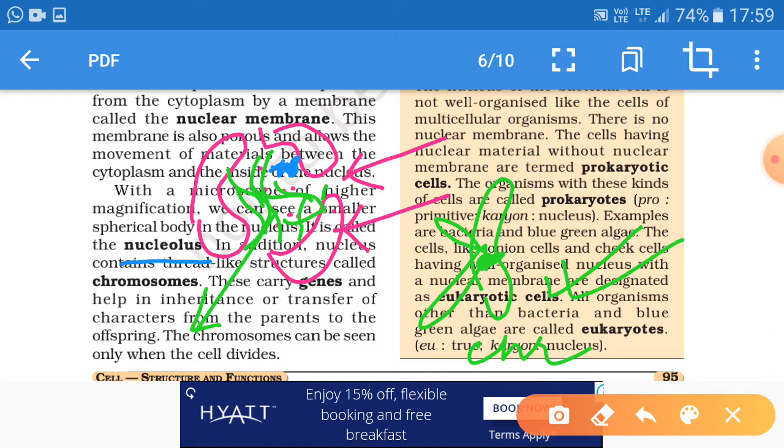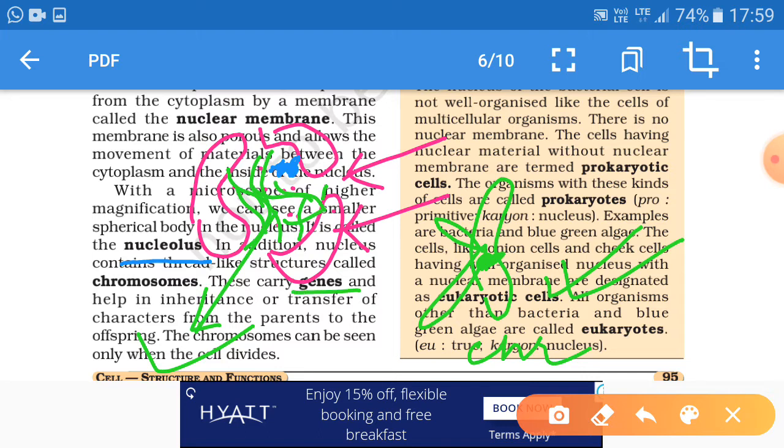Chromosome is present in a mature cell, the cell which is ready for division, and chromatin is present in the young cell, not ready for division. Both are genetic material only, and both of them contain DNA, and DNA has the genes.